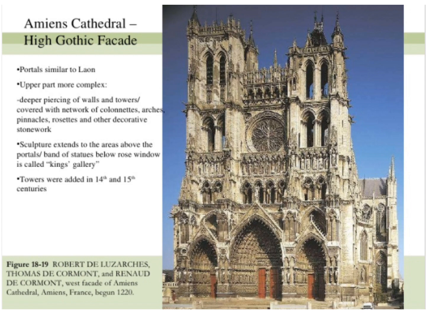The portals in Amiens Cathedral are very similar to the Lyon Cathedral, and the upper part is more complex because it has deeper piercing in the walls and towers. The sculpture extends to the areas above the portals, and the band of statues below the rose window is called the King's Gallery, like I just told you. The towers were added in the 14th and 15th century.